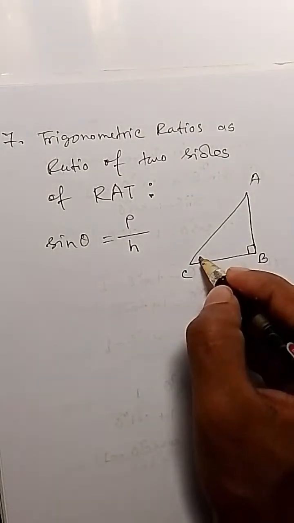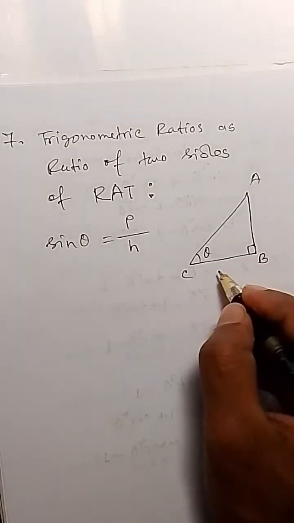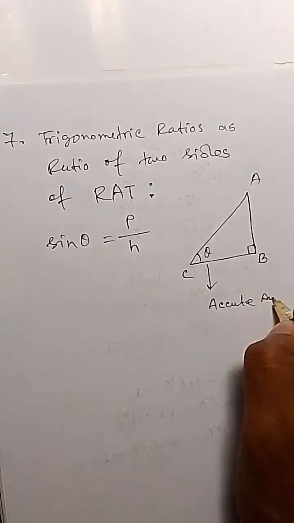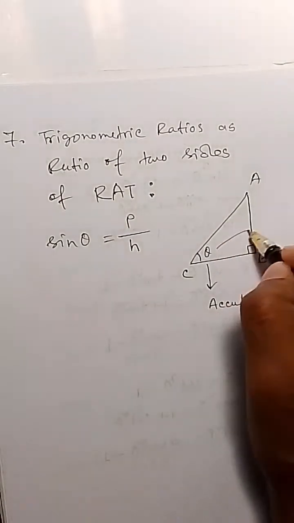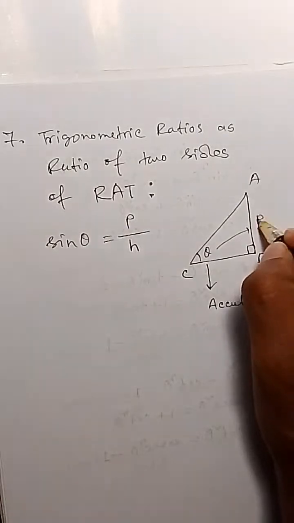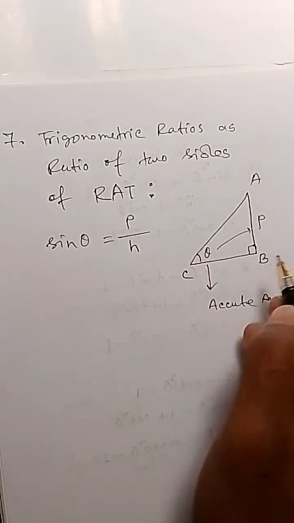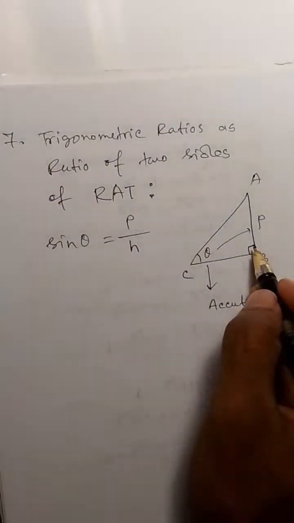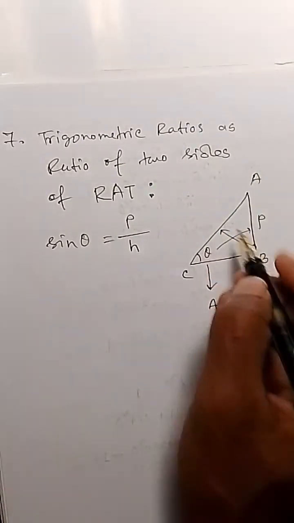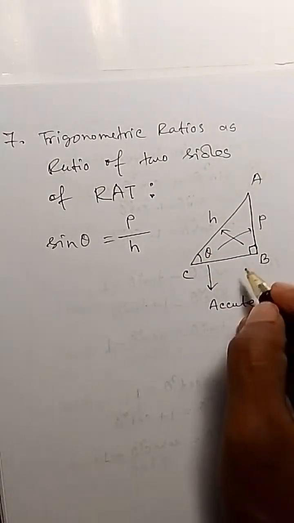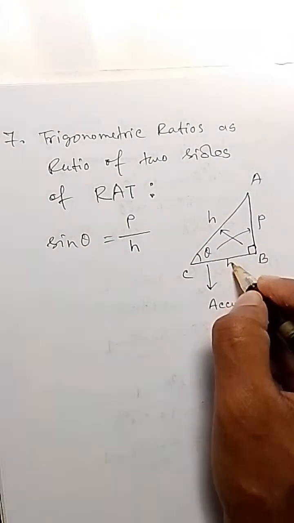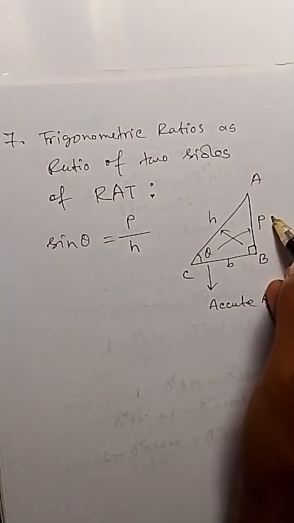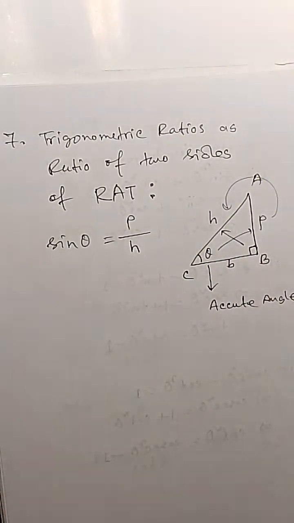This is ABC, a right angle triangle, and let this angle C be theta, and this theta is an acute angle, right? The opposite of this acute angle is called the perpendicular. The largest side, opposite the right angle, is called the hypotenuse, and this other one is called the base. So sine theta is equal to perpendicular by hypotenuse.